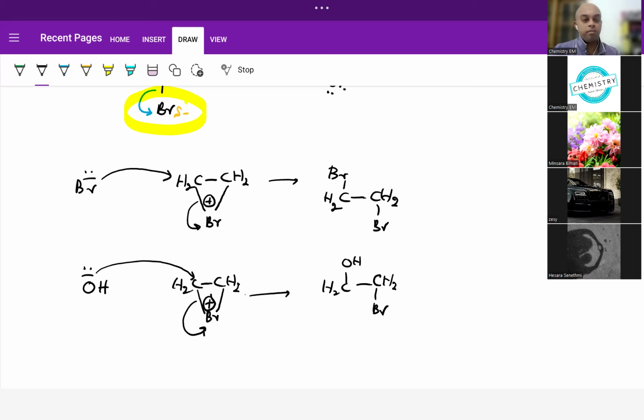CCl4 is a non-polar solvent. Therefore, Br2 dissolves in CCl4 because both are non-polar, and they dissolve in each other very thoroughly. Br2 does not dissolve in water because water is polar. That's the reason. So that's why we are using CCl4.